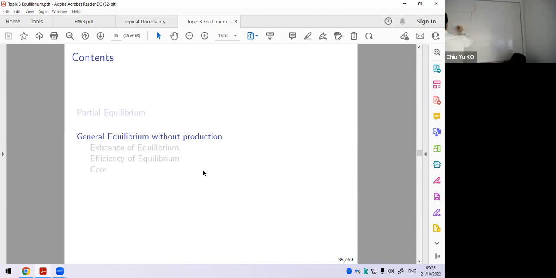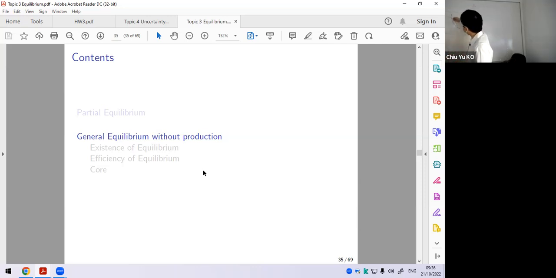Initially you start with some allocation, say E, and you can look at the indifference curves of guy number one and of the lady here.